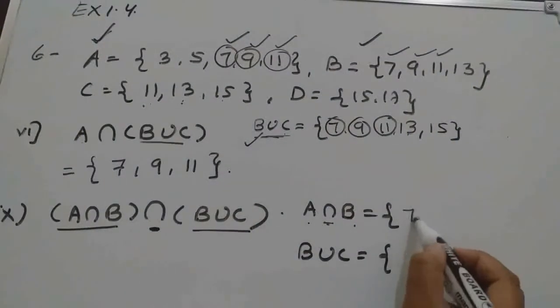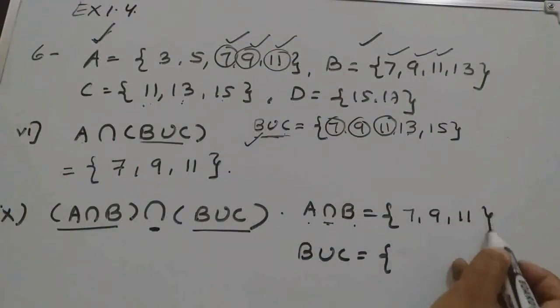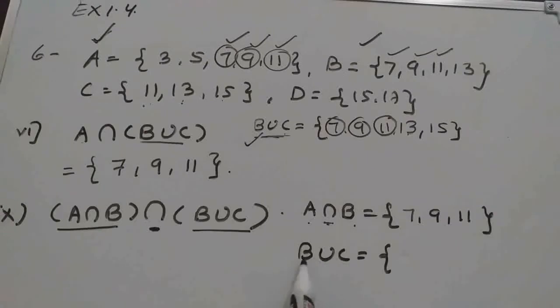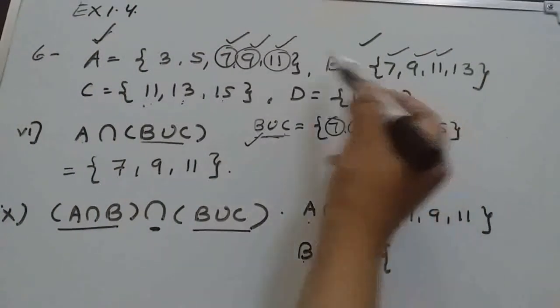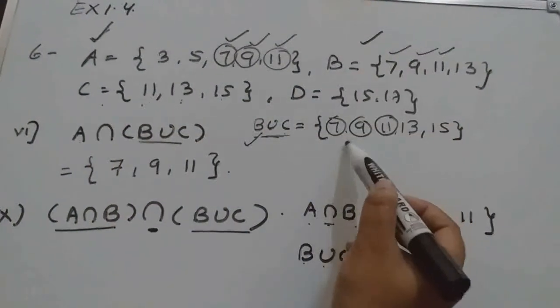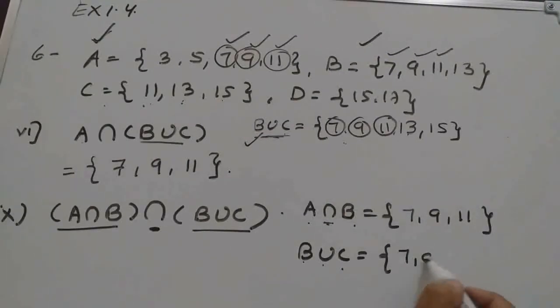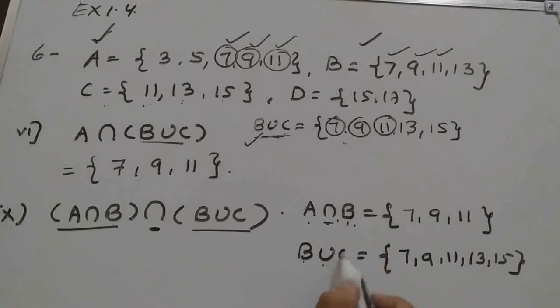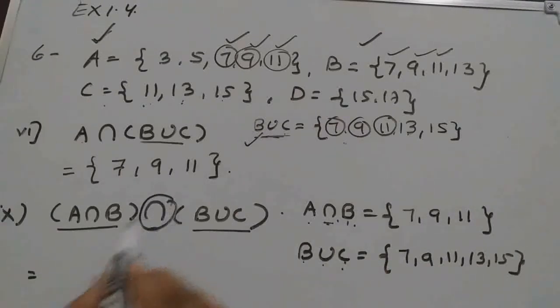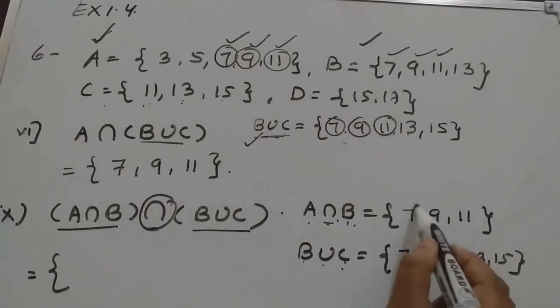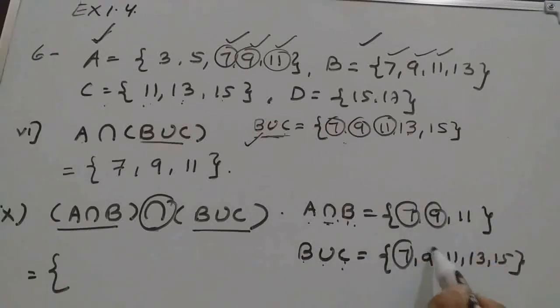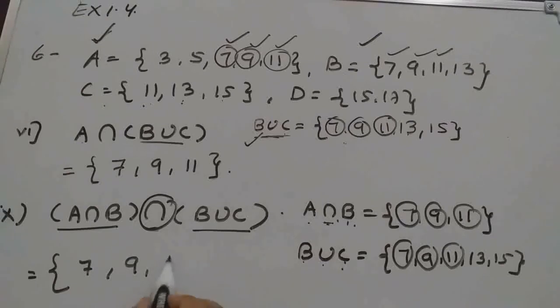So A intersection B will give 7, 9, 11. Then B union C, we already found B union C, so I will write it here. Now the intersection of these 2 sets, because this middle sign is intersection. Intersection means common elements. So 9 is common, 11 is common. So the answer is 7, 9 and 11.